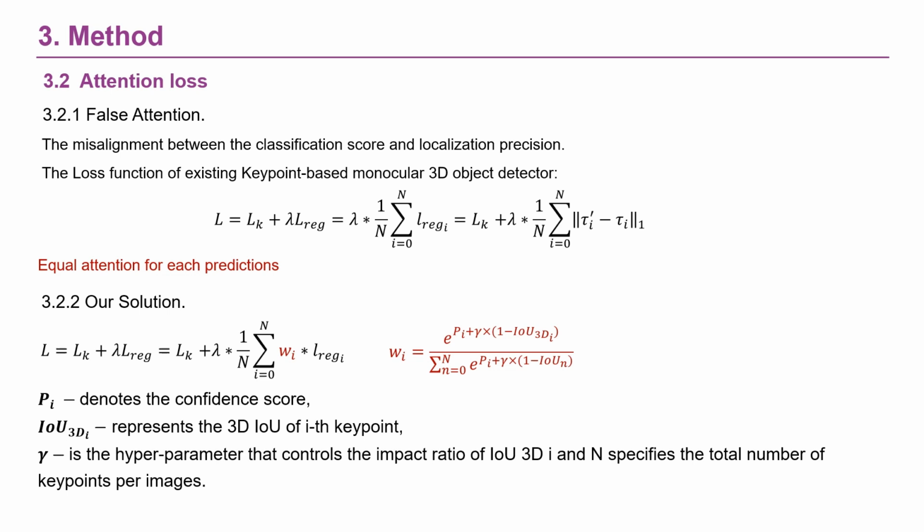It is common for keypoints to generate detection boxes with high confidence scores but poor localization, which tend to be false positives during evaluation, leading to a lower AP at a strict 3D IoU threshold.